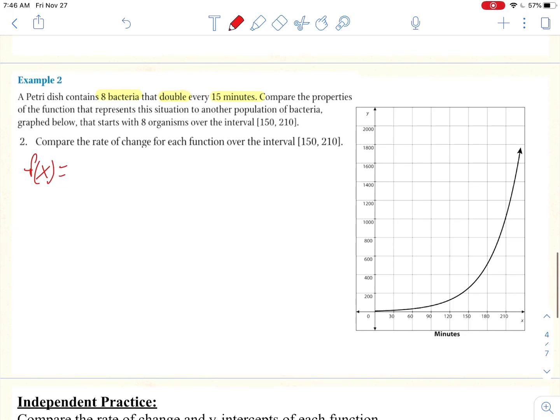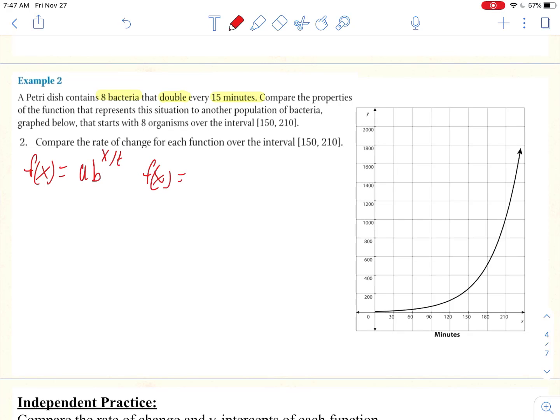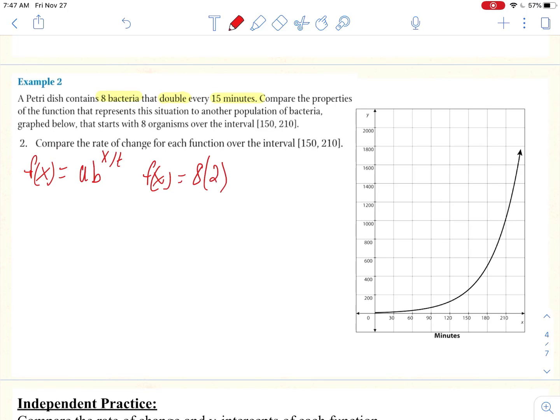So we're going to deal with f of x equals a times b to the x over t. Our a is our starting amount of bacteria, which is 8. My b is my growth or decay factor. In this case, it's a growth factor of 2 because it's doubling. And then we have to the x over 15th power.